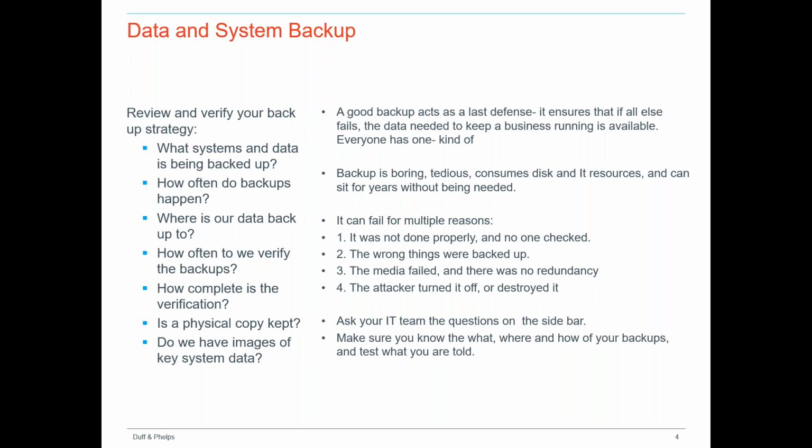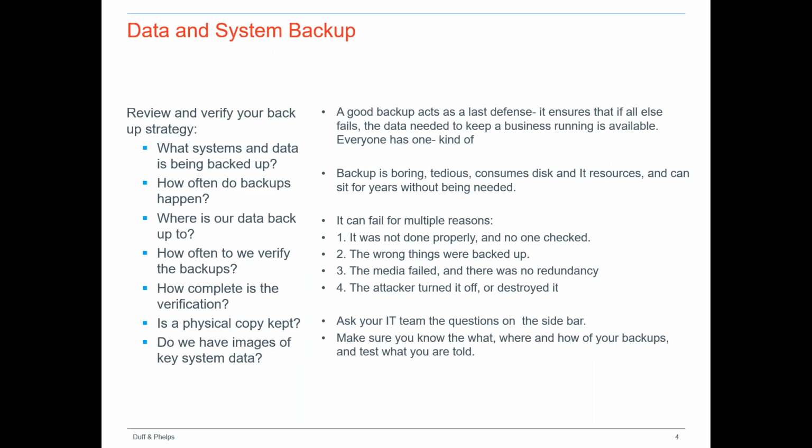So part of what we want to stress in this common sense approach to some of the issues you're seeing is make sure that you're asking questions and demanding validation from your IT teams around the backups. We put a quick list of questions on the side there to help run through the question area. But when you ask these questions, make sure that you get not only an answer, but a validation, a check.